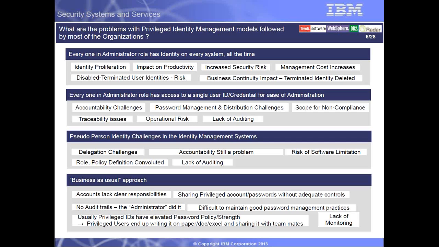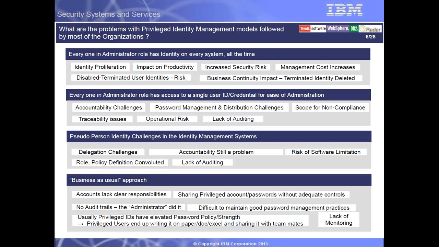Now, the third model, pseudo person identity challenges. This is the most followed model where these privileged IDs are tagged to one pseudo person object, and this person object is owned by several people. Now, you'll have delegation challenges.